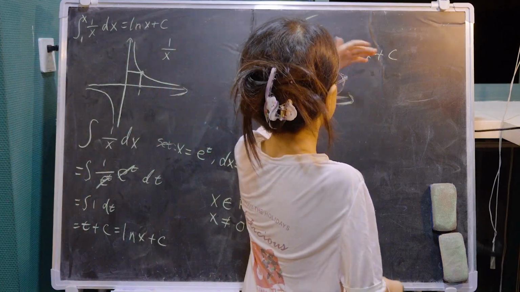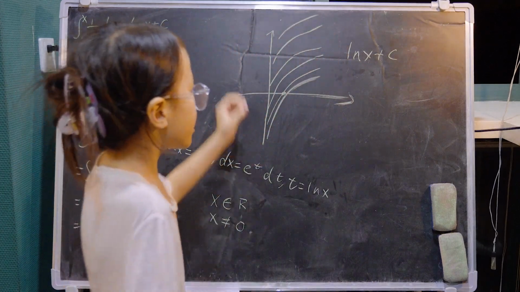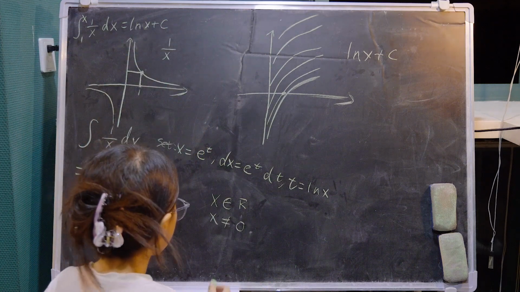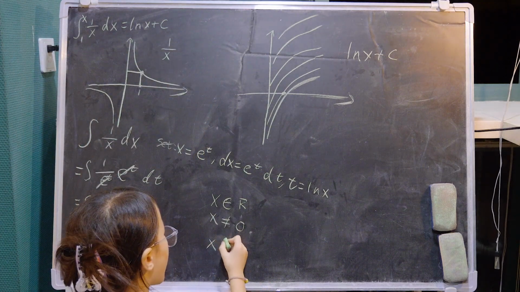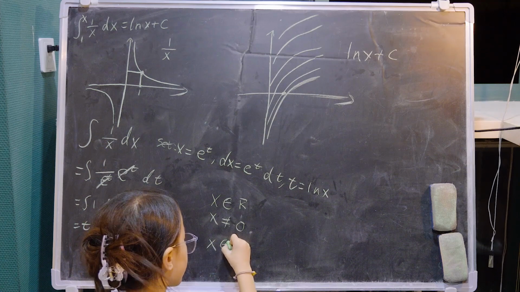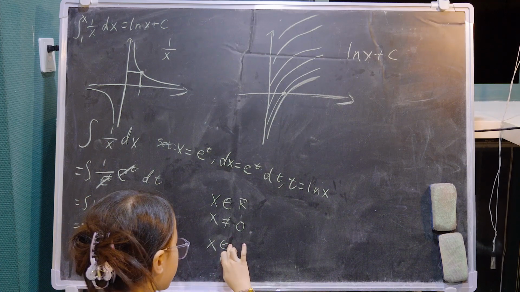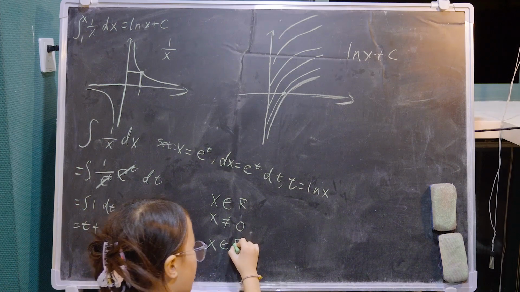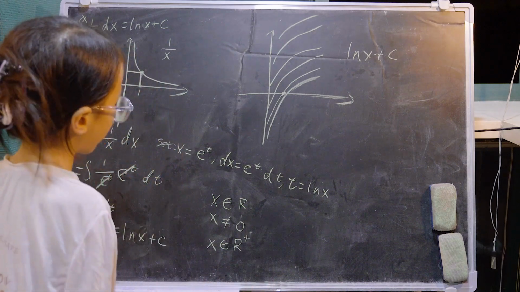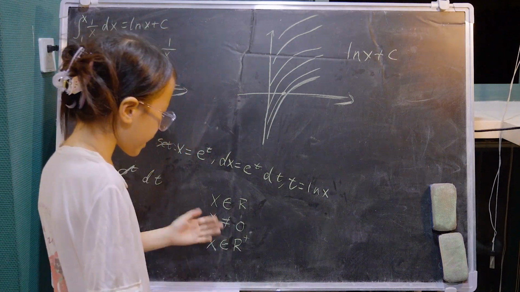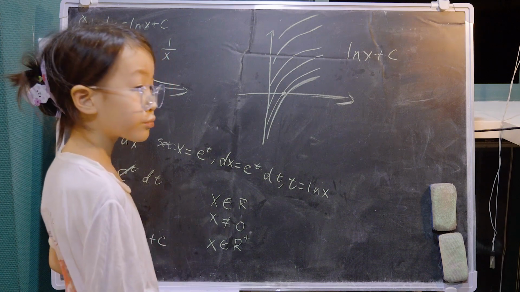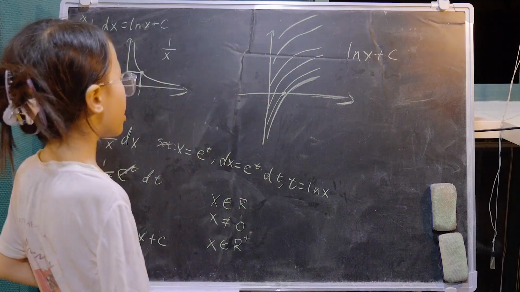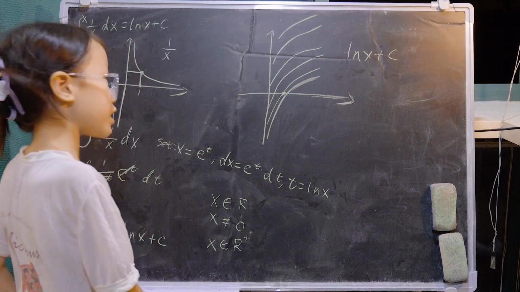And we know ln x plus c is a logarithmic function, and the domain of a logarithmic function is x a member of the positive real numbers. So these two functions' domains are not the same, they're different.